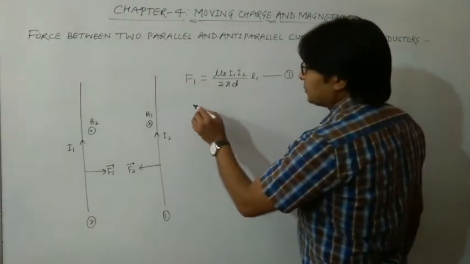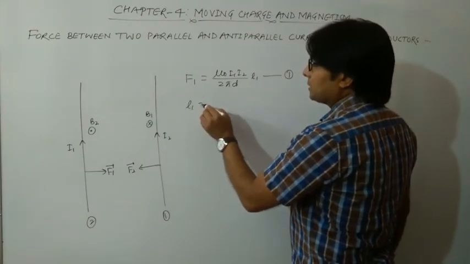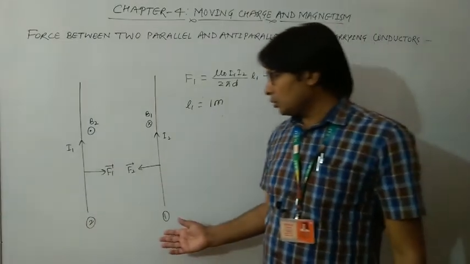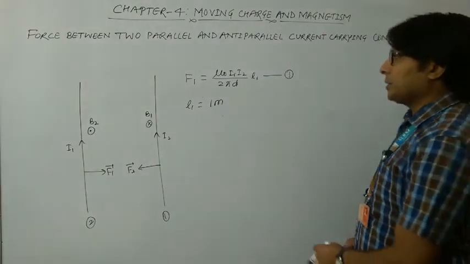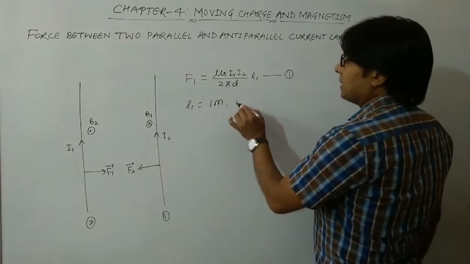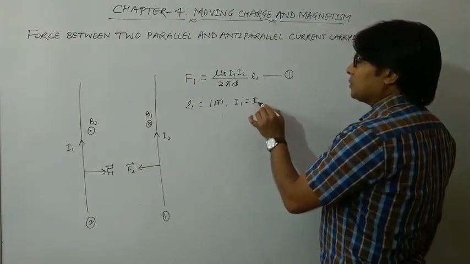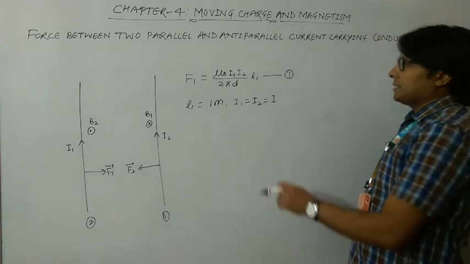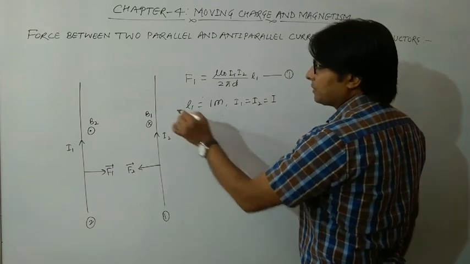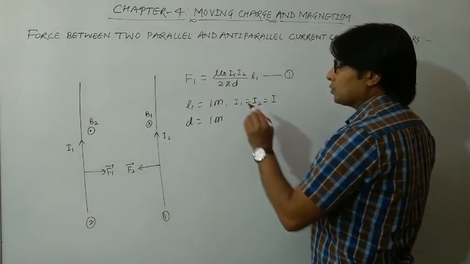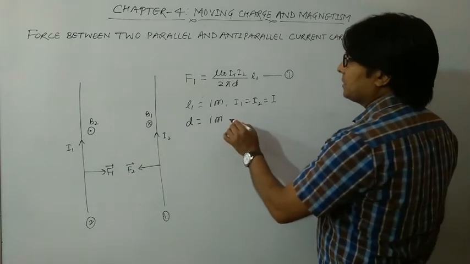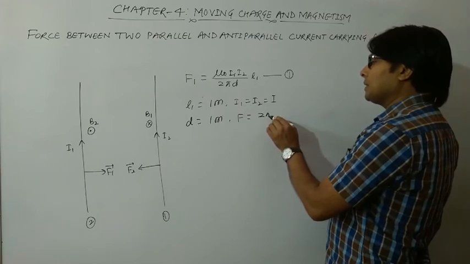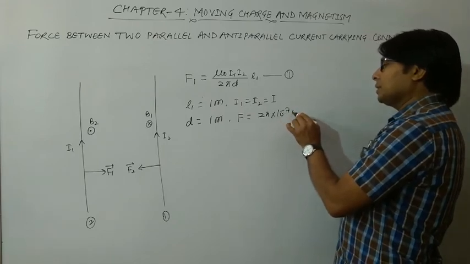So if I put here L1 equal to 1 meter, the length of conductor 1 is 1 meter, and I1 is equal to I2 is equal to I ampere. And d, the separation between these two conductors, is also 1 meter, and the force exerted is, suppose, 2 into 10 minus 7 Newton.